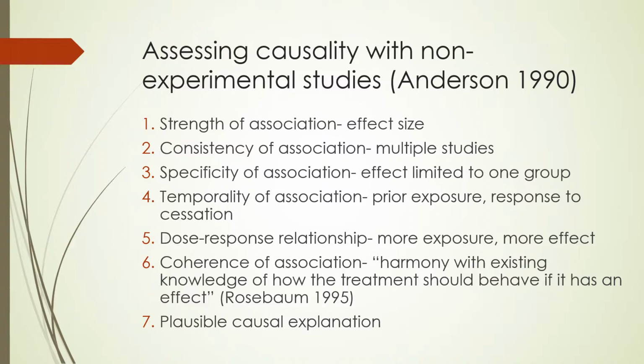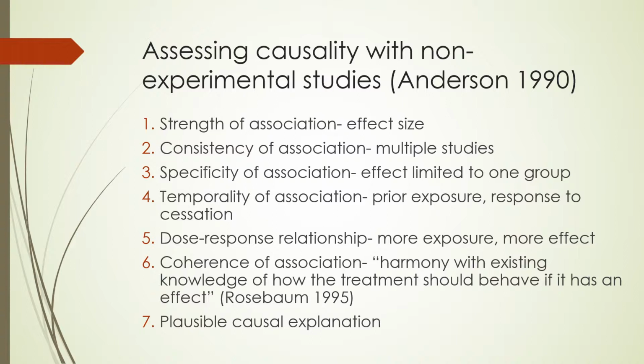Second consideration would be consistency of association, and this basically requires looking across many different studies and looking to see if the effect that is observed is consistent among those studies. Again, DDT would be a good example of situation where pretty much everywhere people looked for it, they did find an effect.